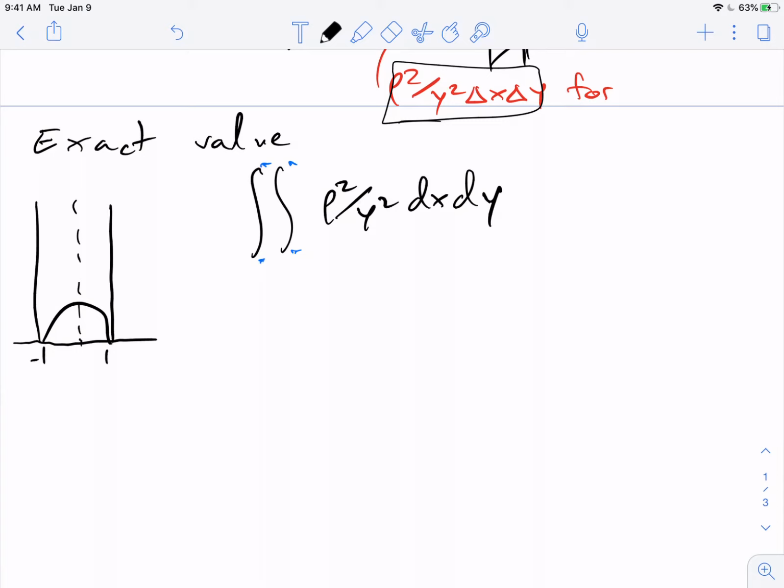Okay. So I set this up so that I'm doing the y bounds first, which is a good idea. It's going to be easier that way. And the y values go from, oh, this is a bad idea, actually. I should do x first, because the x bounds are easier. So the x values go from -1 to 1.